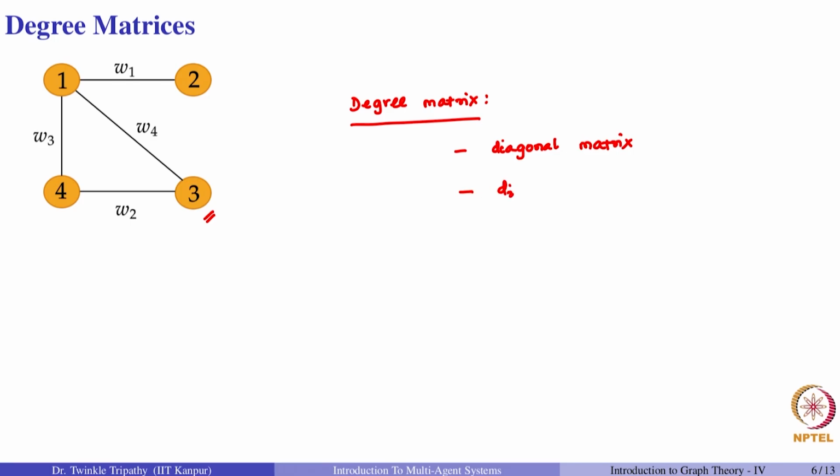The ith diagonal entry, denoted as Di, is nothing but the degree of node I. This is for an undirected graph. We know that in a directed graph every node has two kinds of degrees, the out degree and the in degree, meaning we will get two kinds of degree matrices associated with digraphs.